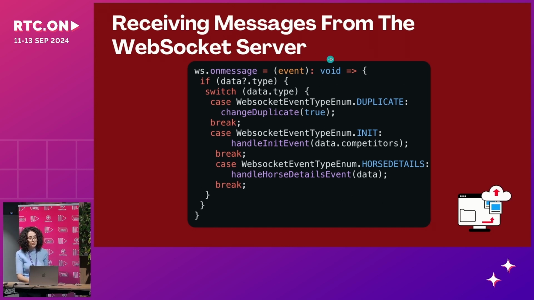The first one is duplicate. I will show you later on what exactly the duplicate event does in our app, but we are also checking for different functions, like the init event, horse details. Actually, these functions are pretty much longer in our app. This is just a fragment of how it looks like.